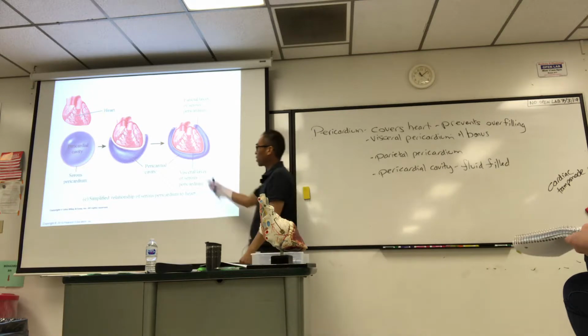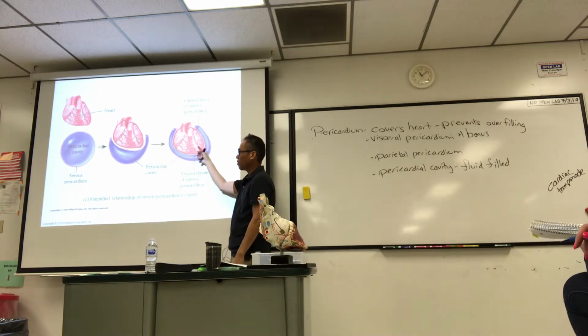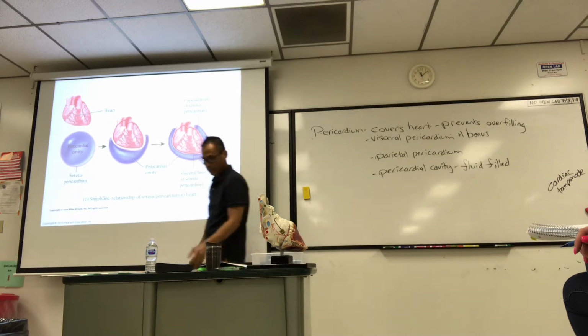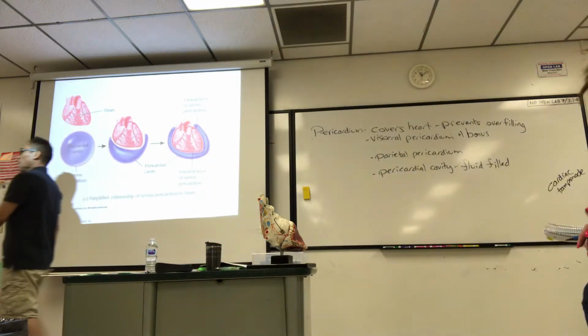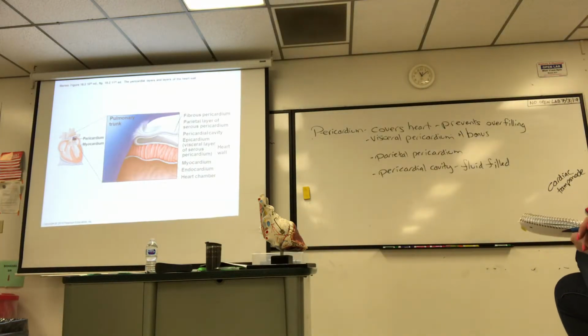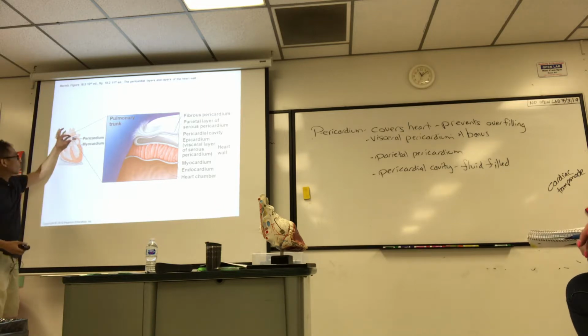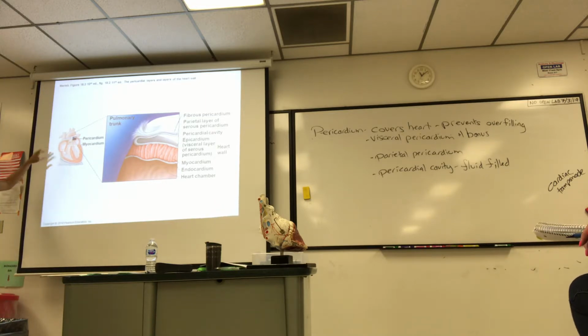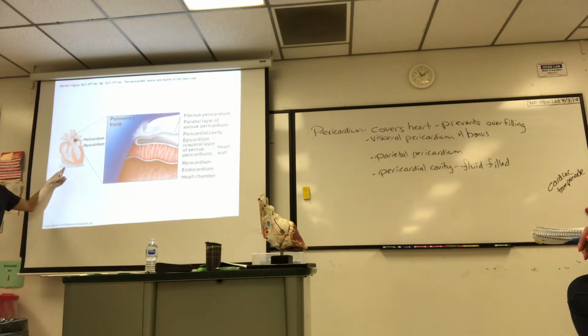A lot of people want to say the pericardial cavity contains the heart. That would be incorrect. The cavity is the fluid-filled space. So if you take a little chunk right there, in this picture what you can see is that the pericardium is attached to the great vessels superiorly and the diaphragm inferiorly.